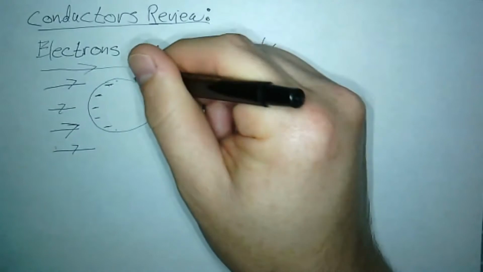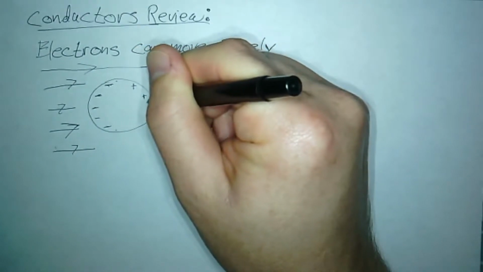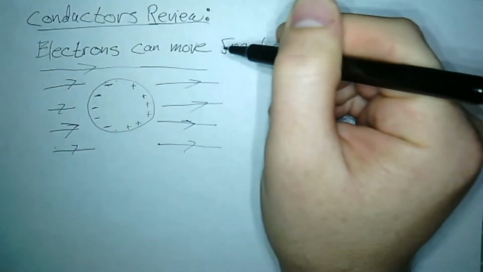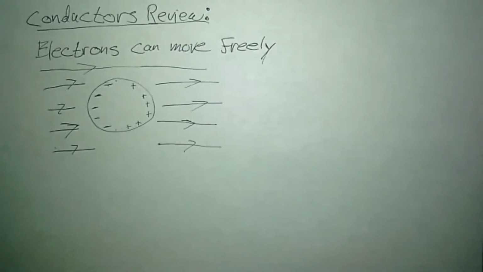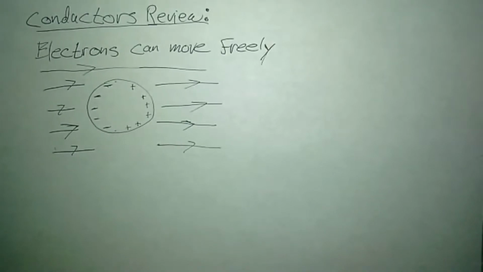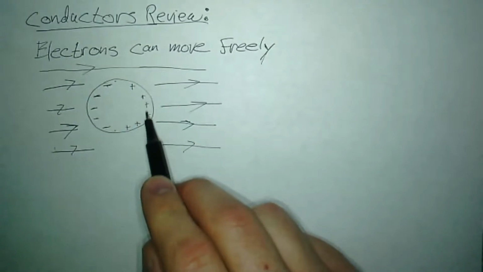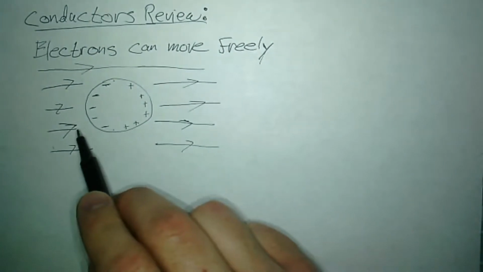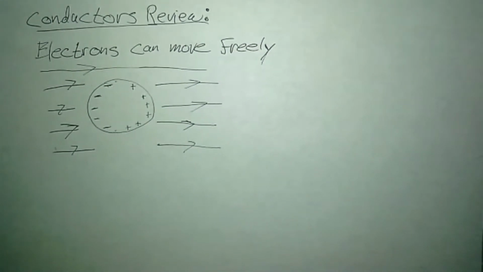And then on the other side, you are going to end up with a net positive charge, even though the protons don't move, because the electrons did. The electrons were associated with these nuclei here, but because of the electric field, they have moved to the other side. So how does the electric field look then?